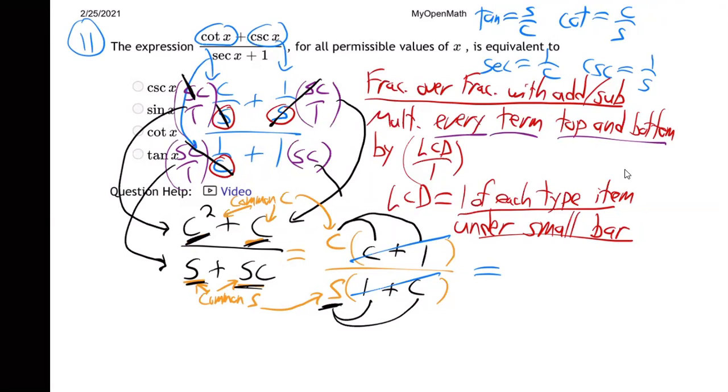So I'm buying the whole Costco package. It's fine. So what are we left with? Just C over S. What's C over S? That's cotangent. There it is. Cotangent is our answer. And there we go.